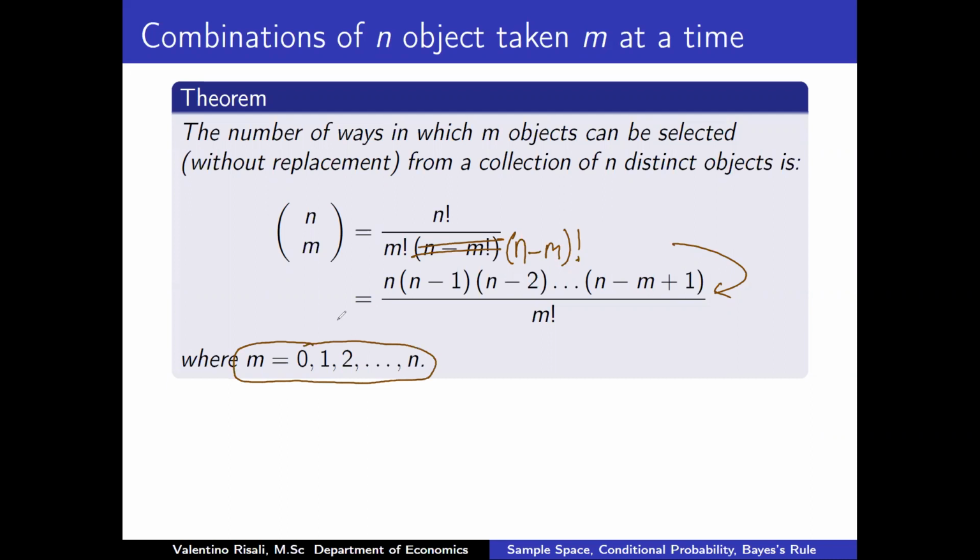It does not make sense, if the case is without replacement, to select, for example, 10 objects from 9 objects. It is not possible, right? Because we have only nine objects. We do not replace them. Then we cannot select 10.